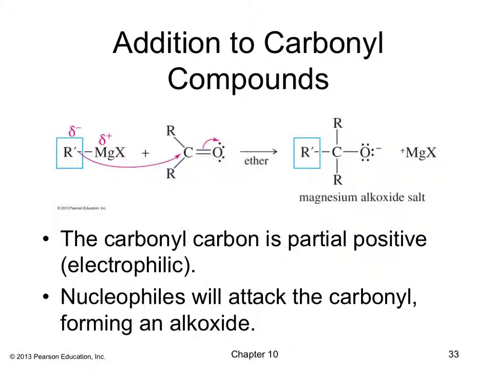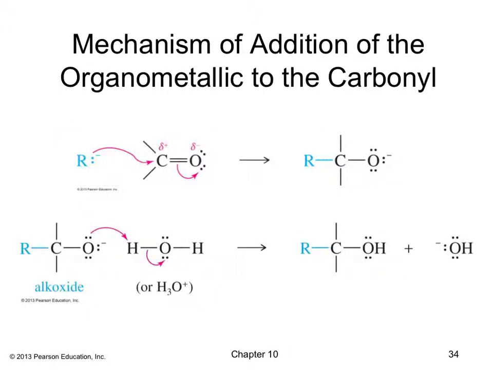This happens with carbonyl carbons because it's partially positive. Once you have the alkoxide, this can also be with organolithiums, but in general it's R minus attacking, electrons go out. Once you generate this in the presence of water or H3O+, this will pluck off that hydrogen, generating your alcohol.